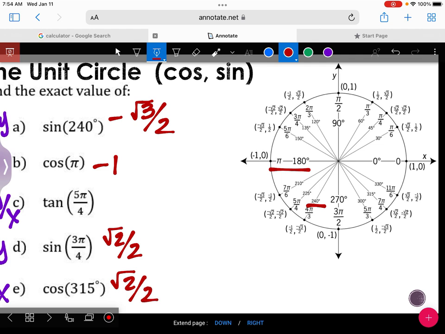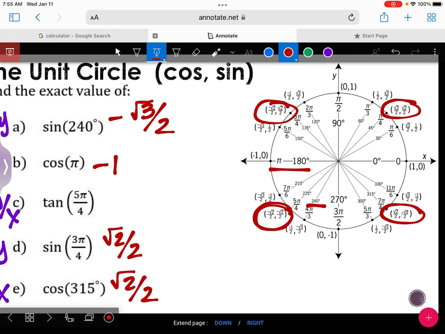Okay, so the last one is 5 pi over 4. Now this one is keep, change, flip, but when you see on the unit circle, the ones that I am circling right now, the tangent and cotangent, these are actually the easiest ones to do because the tangent and cotangent is either going to be 1 or -1.